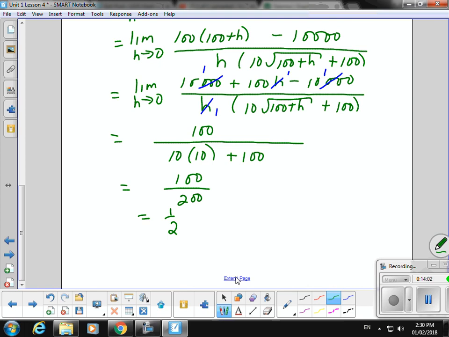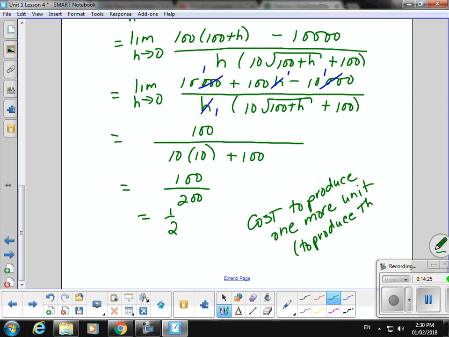Now we need to think a little bit about what this means. It is the cost at that moment to produce one more unit. So that instantaneous rate of change would be the cost to produce the 101st unit of whatever it is that we're producing.